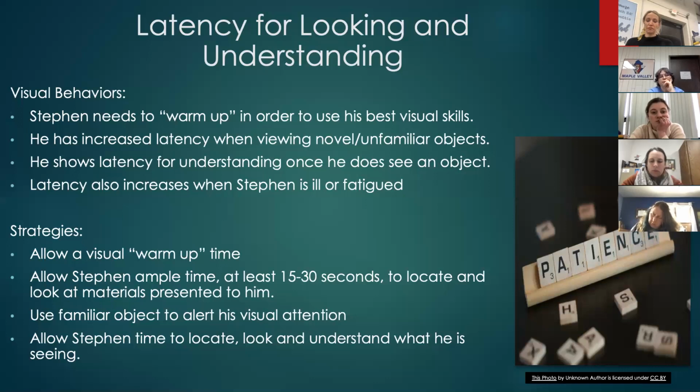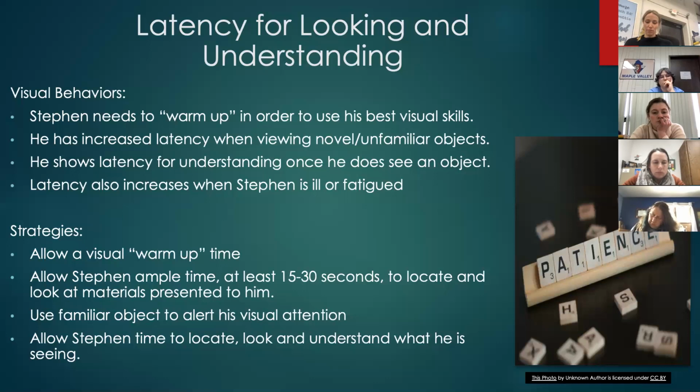Latency is one of those telltale signs that maybe something's going on in terms of CVI, if you have a child with delays in responding, and maybe it's not necessarily in looking at something, but in processing what's being looked at. Okay, that's a real significant difference.